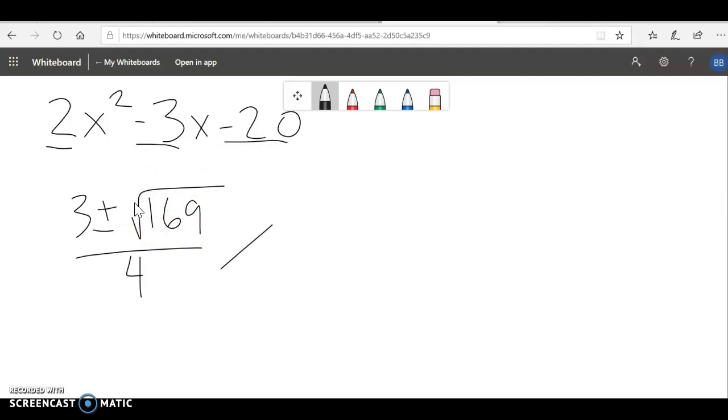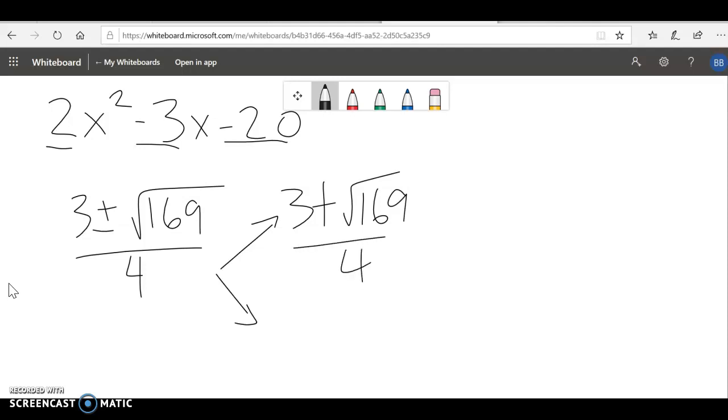And I'll show you what I mean. So we have two ways we could do this. We could do 3 plus square root of 169 divided by 4. Or we could do 3 minus square root of 169 divided by 4.